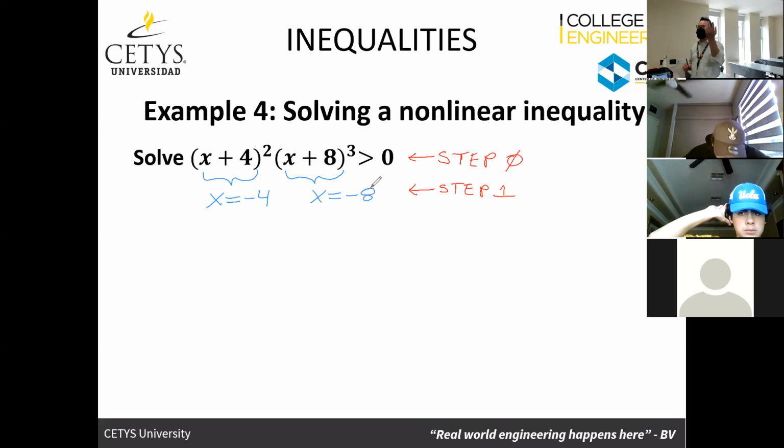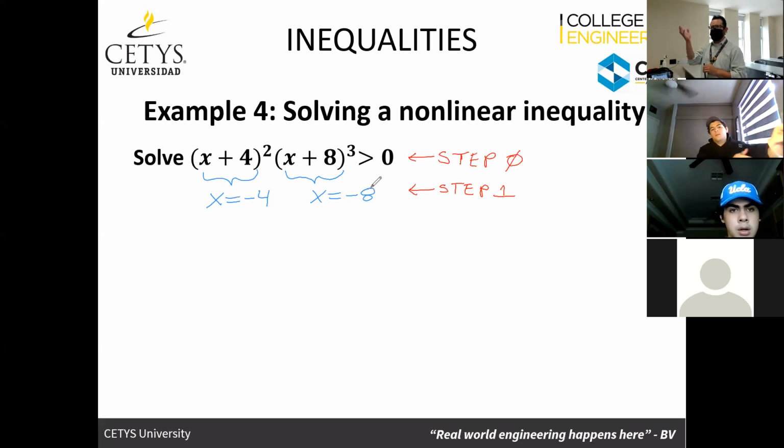If anybody has any questions, remember to let me know, or just raise your hand or open your mic and jump in. And so now we've got the 2 roots. It doesn't really matter that it's elevated to the 2 or to the 3. It's still the root. It's the value that's going to make that element 0.